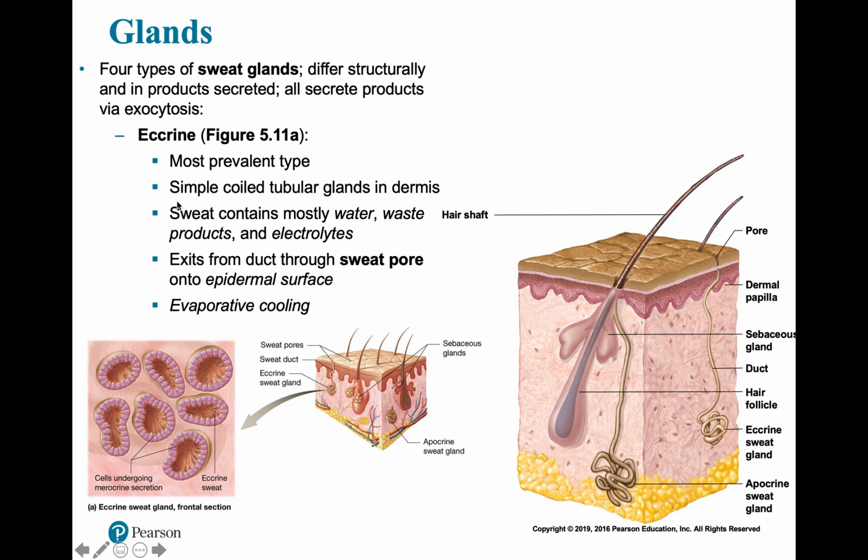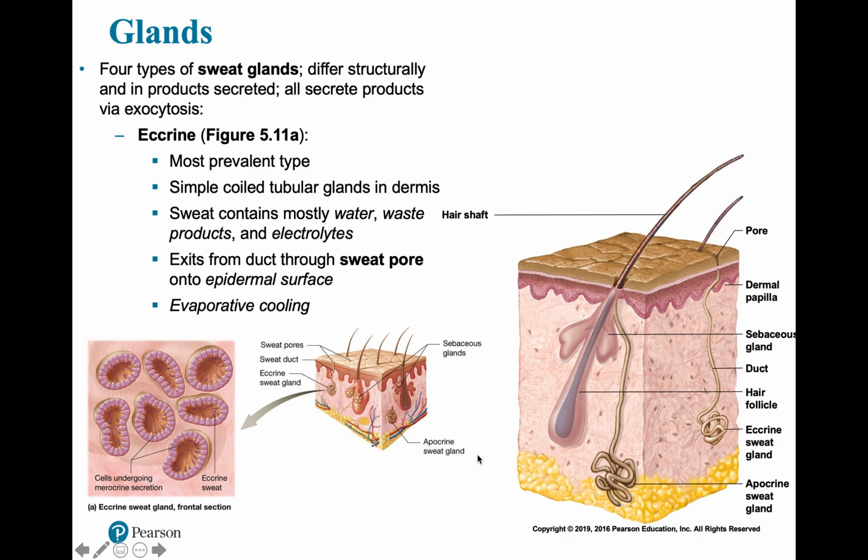If we're talking about an eccrine sweat gland, the duct of this gland exits through a sweat pore on the surface of the epidermis, so its product gets released to the surface. The secretion of an eccrine sweat gland is primarily water, and it also contains some waste products like lactic acid, as well as some electrolytes.